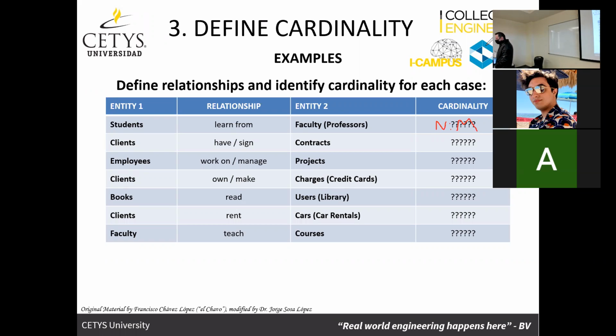Alejandro, off the top of your head, what type of cardinality could we have with clients who sign contracts? I think it would be many to many, but in a specific contract, many people can sign that specific contract, and that contract can be signed by many clients.